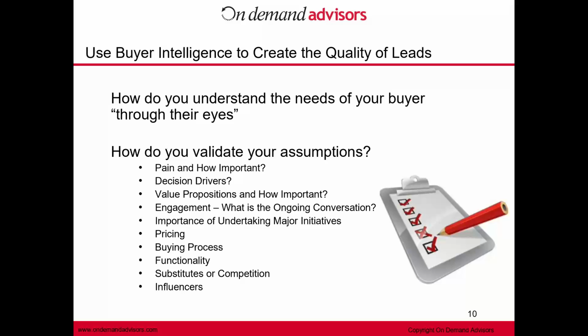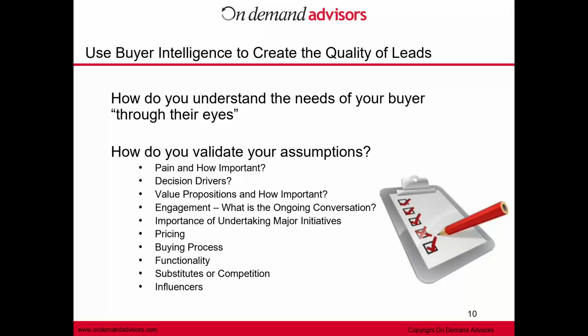So what we figured out a number of years ago is the best way to really get your offers correct, your messaging correct, your positioning correct, is through buyer intelligence. Buyer intelligence is really probably one of the most important takeaways from today's webinar. It's the way you're going to create the quality of leads that you're looking for.